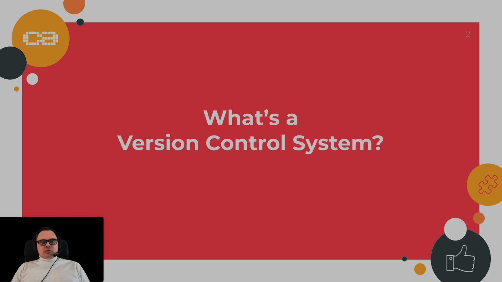Well, a version control system is based around a very simple yet powerful concept, and that is about tracking changes that happen within certain folders or files over time. Tracking changes that happen within directories or folders or files over time.